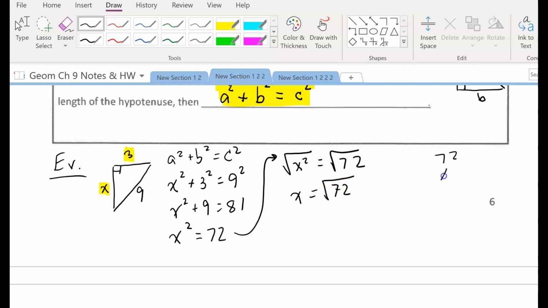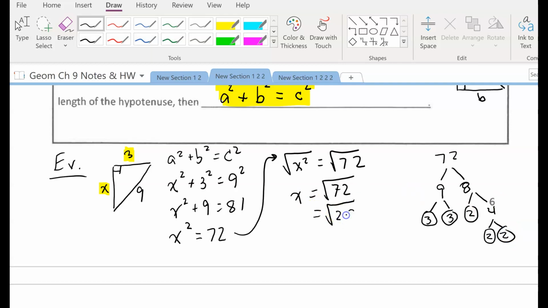So I'm going to do a factor tree here. So 72 is 9 times 8, and 9 is 3 times 3. So here's prime numbers. I'll circle those. 8 is going to be 2 times 4. There's another prime. 4 is going to be 2 times 2, so 2 more primes. So square root of 72, I'm just going to pair up the numbers.